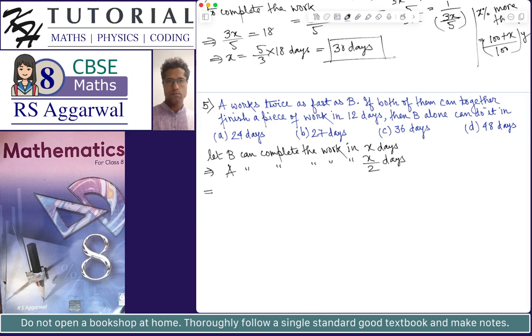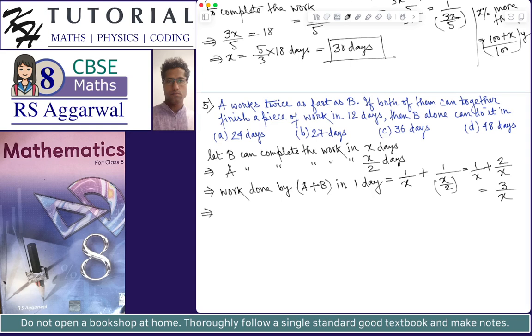So this implies that the work done by A plus B, that is when both A and B are working together, in 1 day will be equal to 1 by X plus 1 by X by 2. This is equal to 1 by X plus 2 by X. This is equal to 3 by X. So if the work done by A plus B in 1 day is 3 by X, now 3 by X can be written as 1 by X by 3.